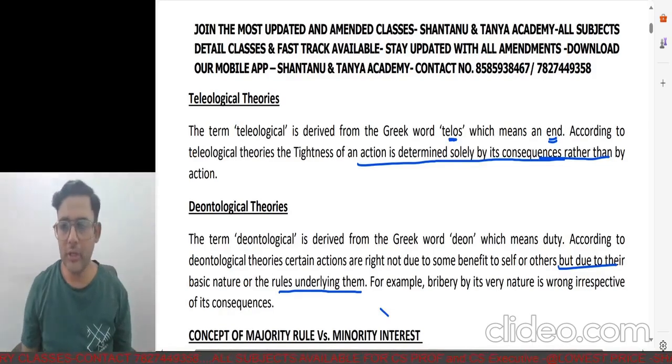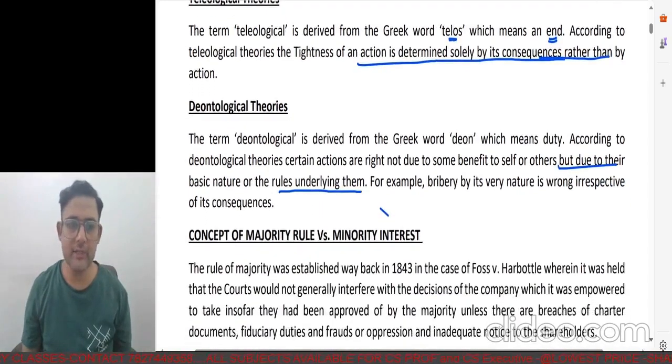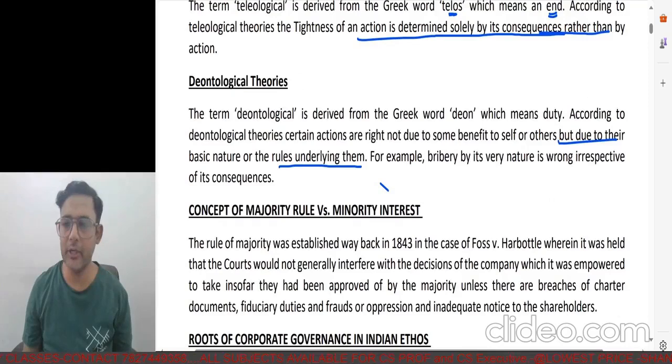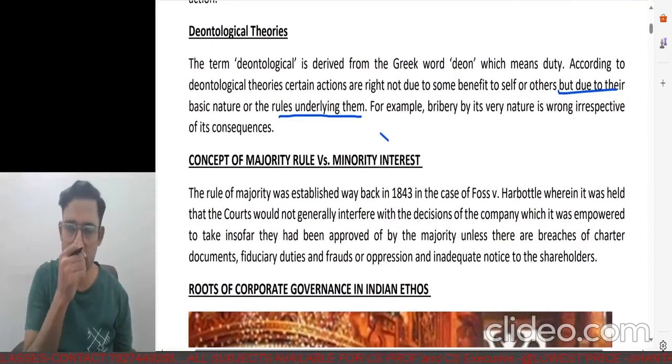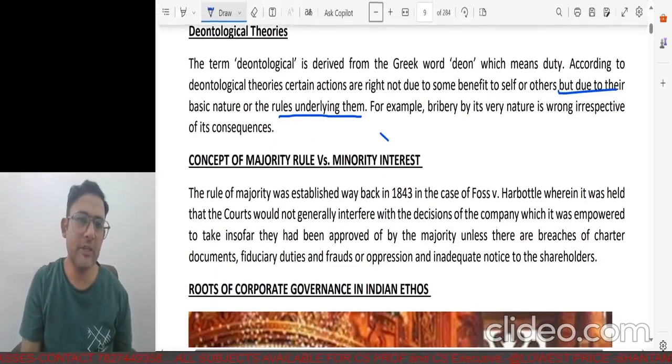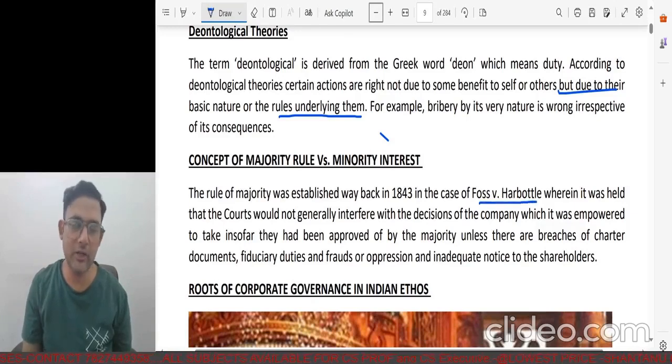Moving on to the next topic, the concept of the majority and the minority. There is a very celebrated case law called Foss versus Harbottle, whereby the court said that they will not interfere in the internal functioning of the company.